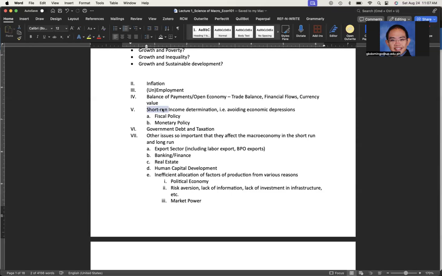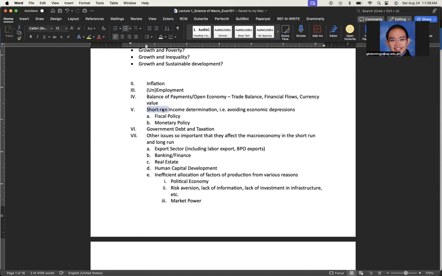And then we'll be talking about the role of government policy in trying to ameliorate these business cycle issues, right? Business cycle dips in GDP, or trying to control too hot of an economy, right? All of these things will become clearer as we get to talking about the theory of short-run income determination or the theory of ISLM.